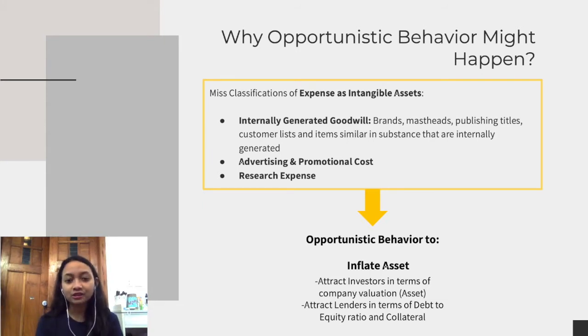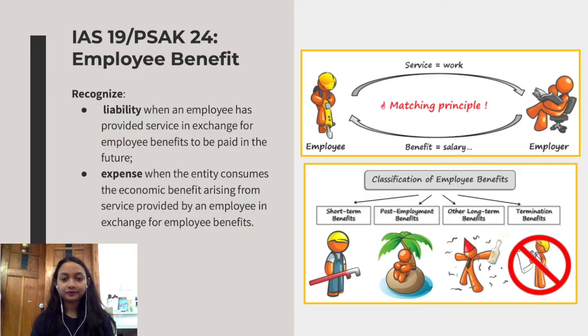And the opportunistic behavior is to inflate assets, because it can attract investors in terms of company valuation when the investor uses asset-based valuation. And also it can attract lenders in terms of debt to equity ratio and collateral, because more assets means that the company can use more of its assets as collateral for getting more debt or funding.